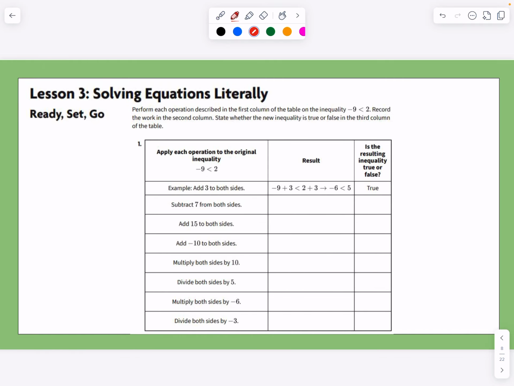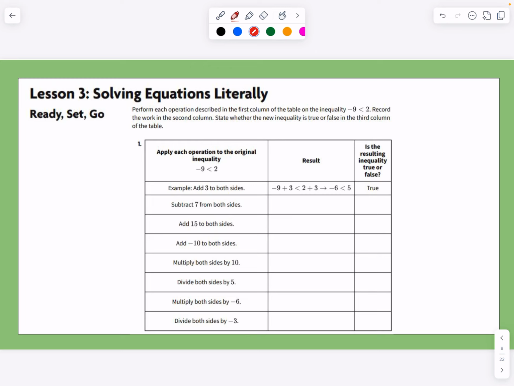Just do your homework. Okay, perform each operation described in the first column on the inequality, and then record the work in the second column and state whether it is true. All right, so what we're going to do for these is, it says subtract 7 from both sides.